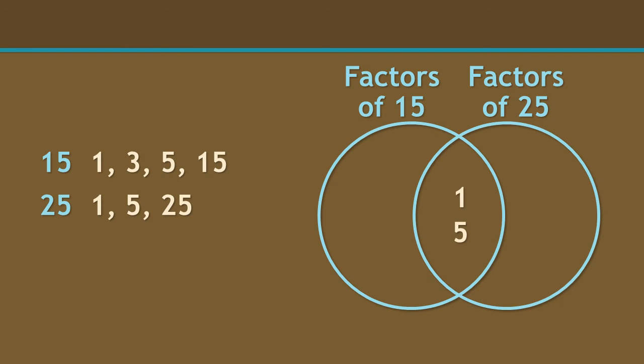Then we're going to write the differing factors of 15, which are 3 and 15, on the non-intersecting part of the Venn diagram, and the one differing factor of 25 on this non-intersecting part of the Venn diagram. Again, let's look at our common factors, and we're going to look for the greatest common factor, which in this case is the number 5.